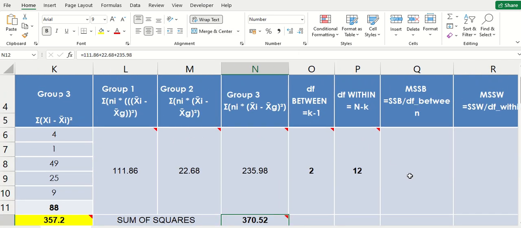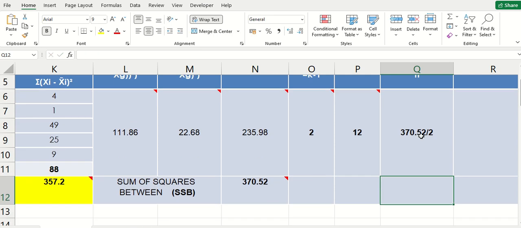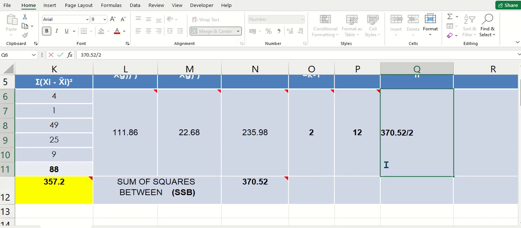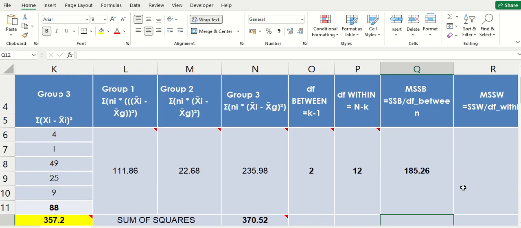Okay, so let's go back now to computing the mean sum of squares between, that is MSSB. Since the sum of squares between is 370.52, we will divide it by what is our degree of freedom between? 2. So we have 185.26.